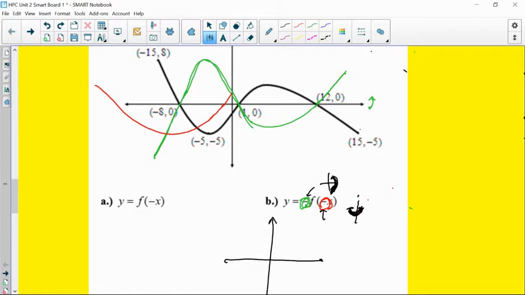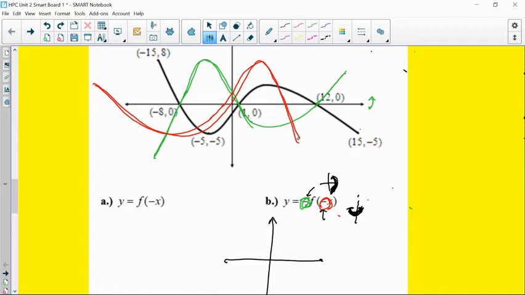And then the loop that's like this part here will now look like this. Right? So you have the longer loop, and then it goes up and goes back down.